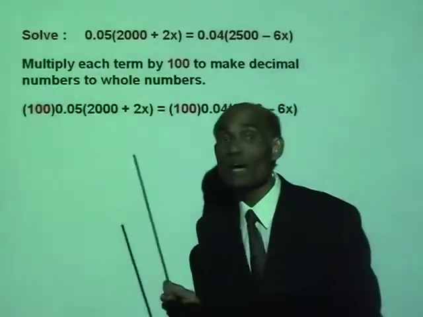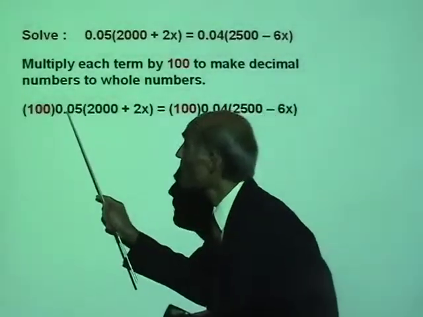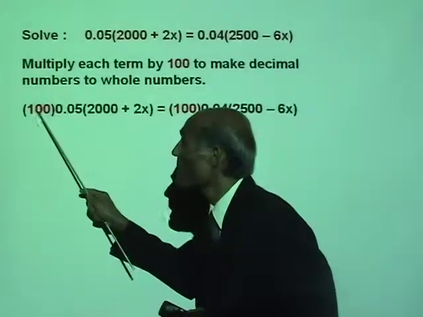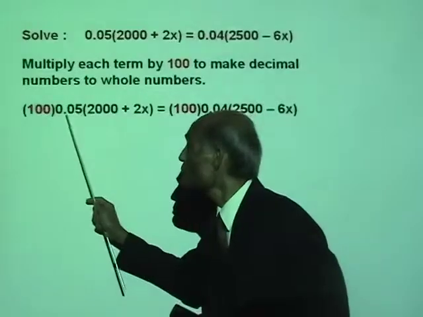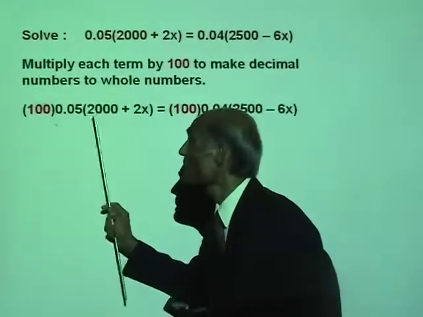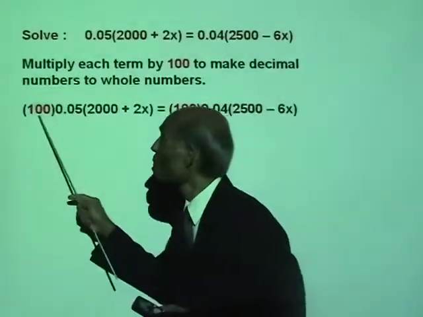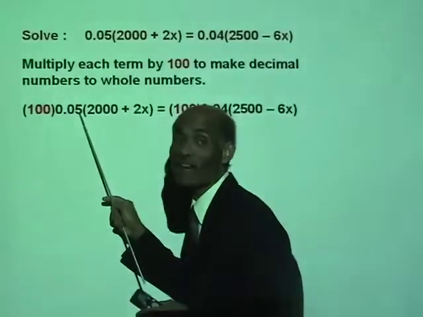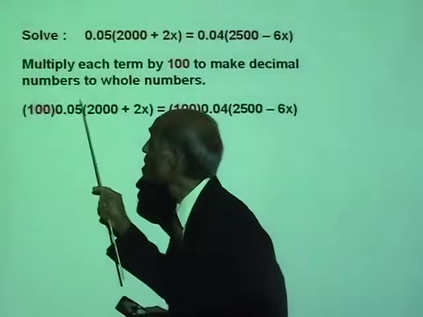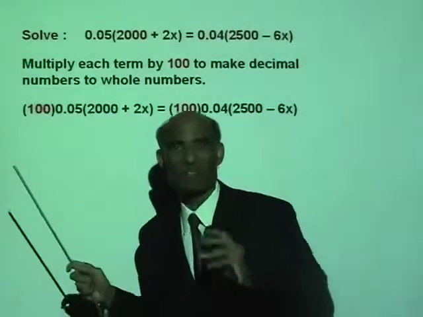Now, why did we do that? When you multiply a decimal number by 100, what happens to the decimal place? It moves 2 places to the right. So tell me, what is 100 multiplied by 0.05? This quantity is simply a 5.